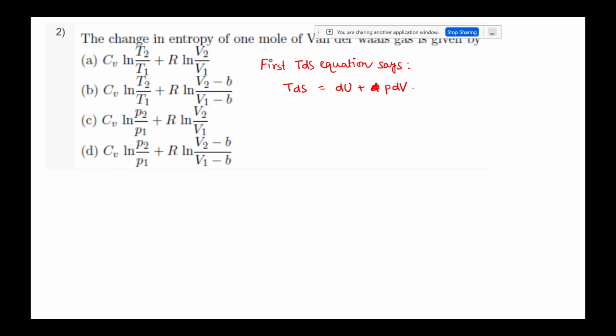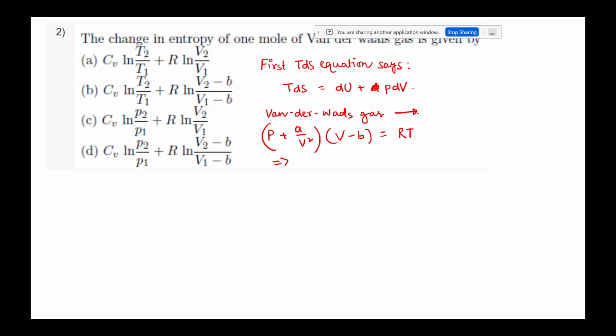Okay. Now here we have to do something, because there is a certain difference compared to work done in an ideal gas system. Here internal energy is not only a function of temperature, it's also a function of volume or pressure. So the van der Waals gas equation says P plus a by V square, I'm writing for 1 mole, times V minus b is equal to RT.